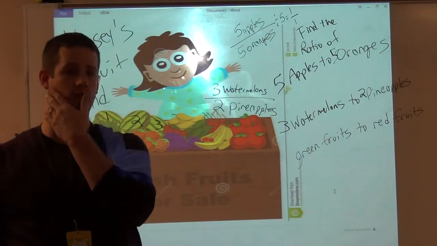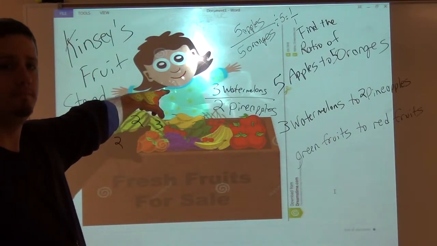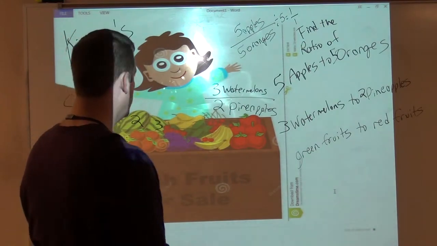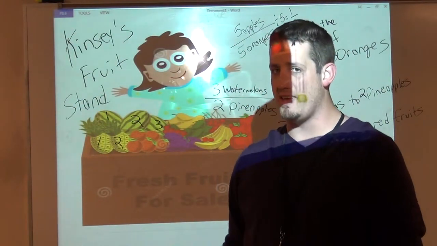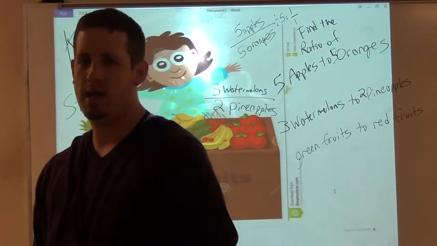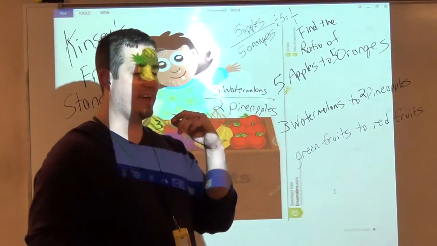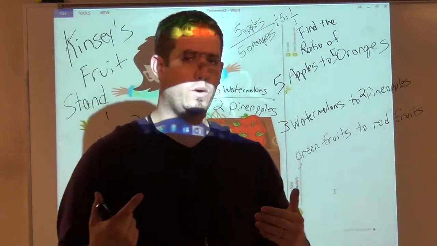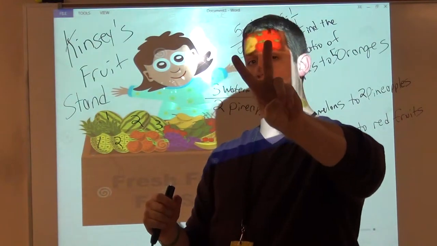I want you to notice you have an improper fraction. But one of the misconceptions with ratios is that we have to treat it the exact same way we treat a fraction. And that's not the case. A fraction is a singular value, so we can work with it in a different way, but a ratio is a comparison of two different numbers.